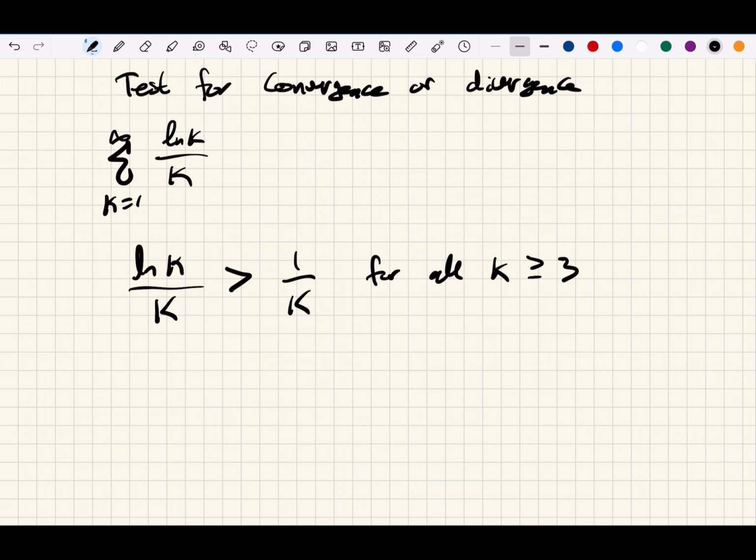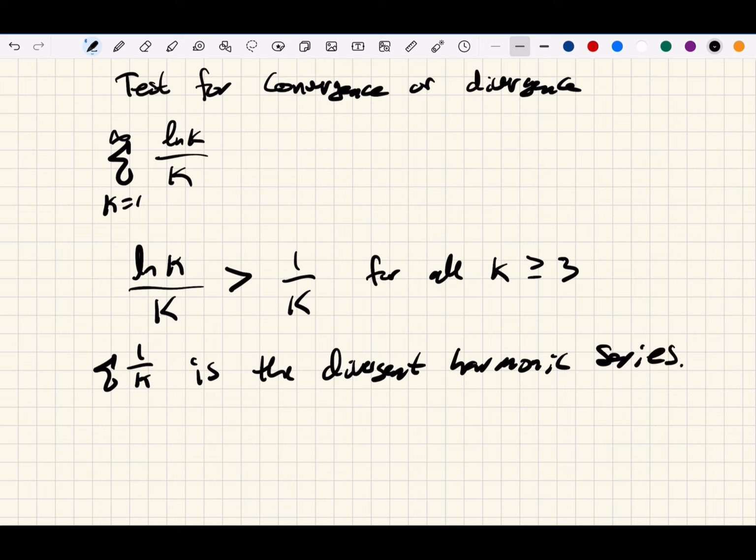Okay, here's what we know. We know that the sum of 1 over k is the divergent harmonic series.